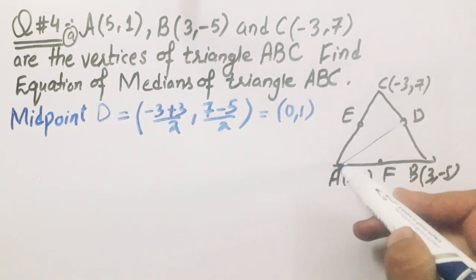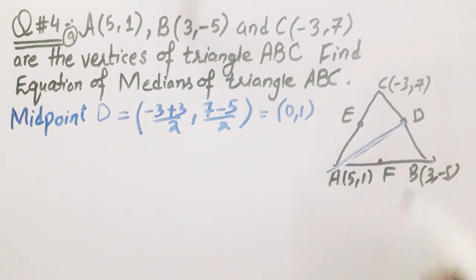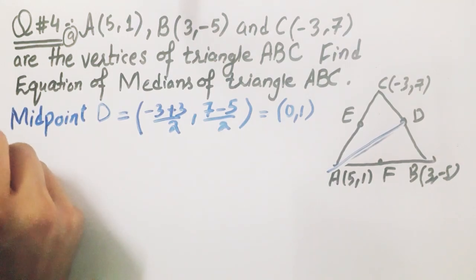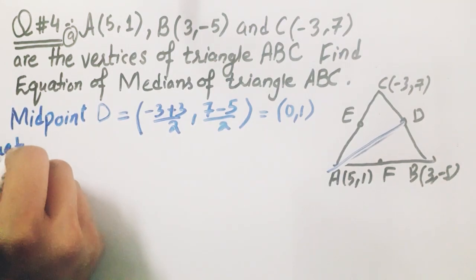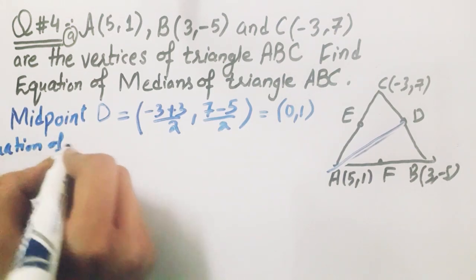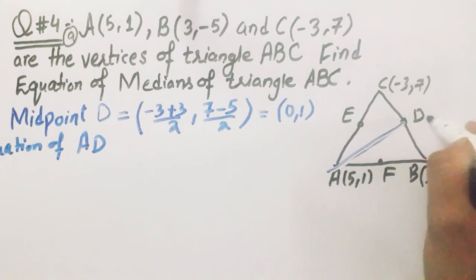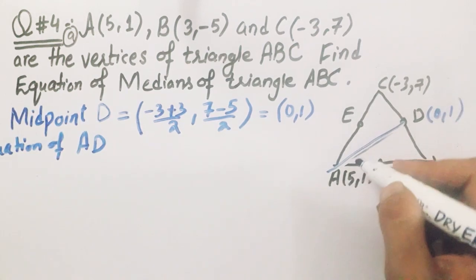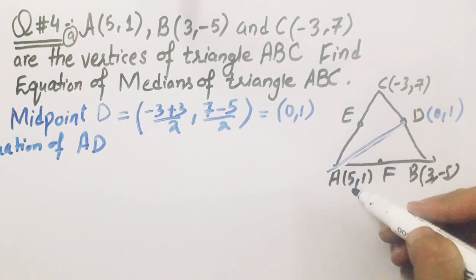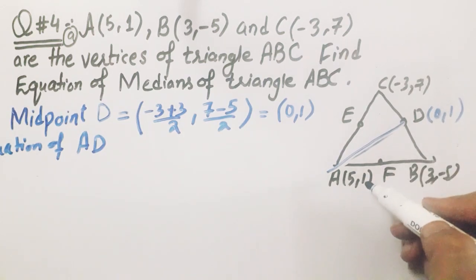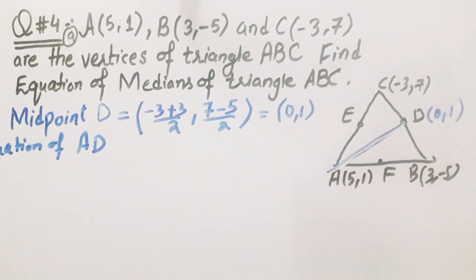Now the equation of median will be, so you will write equation of median or equation of AD. Here you will use this point 0 and 1. So x1 is 5 and x2 is 0, y1 is 1 and y2 is also 1.